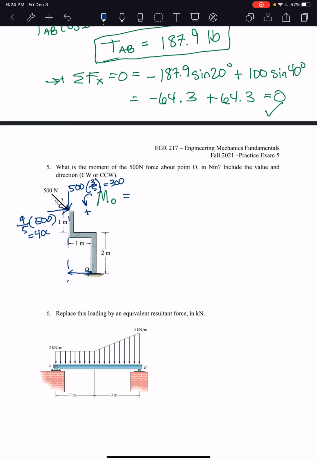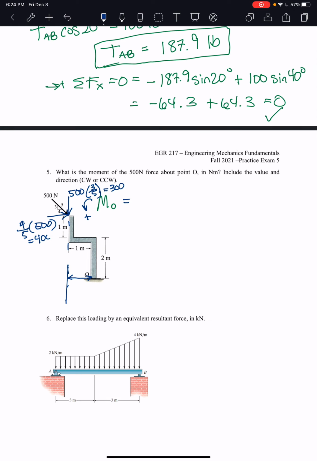We have that 500 Newton force going down in this direction, so that's going to be in the positive direction, or we can do the right hand rule. And that's that 300 newtons times 1 meter, because we're perpendicular. So that creates a turning moment.